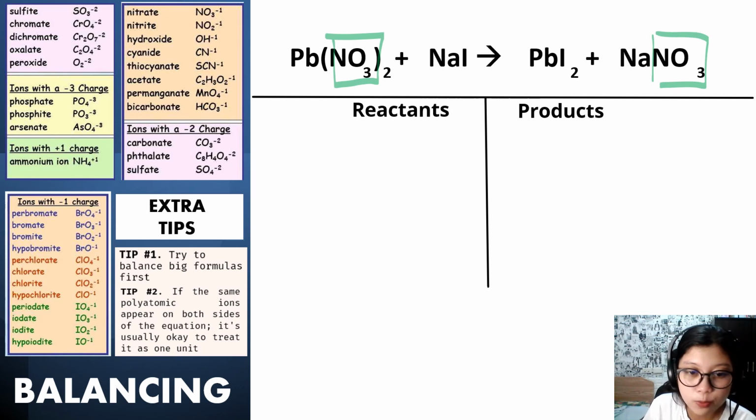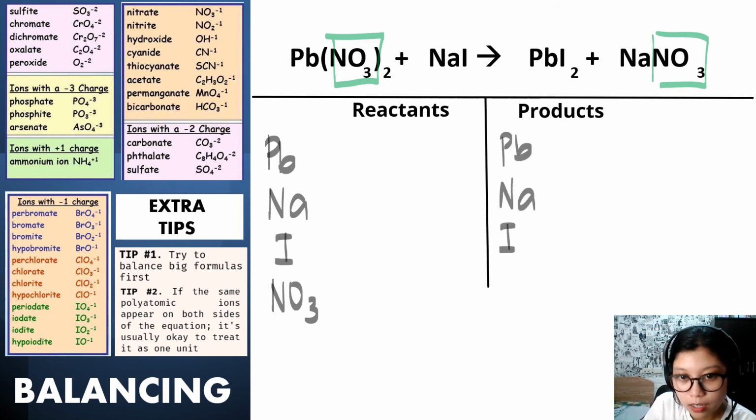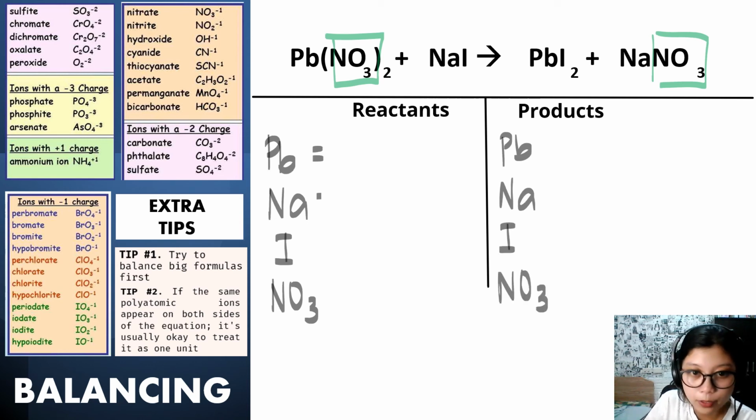Right, so let us proceed to writing the elements present. We have Pb, we have Na, we have I, and we have NO3. The same elements are found in the product: Pb, Na, I, and NO3. Next step, we are going to count the number of atoms present in each element.